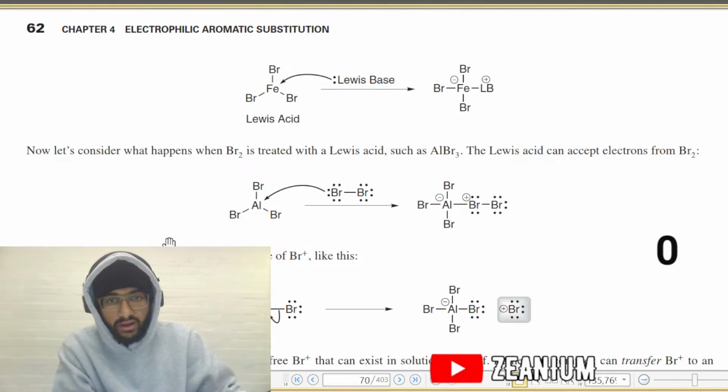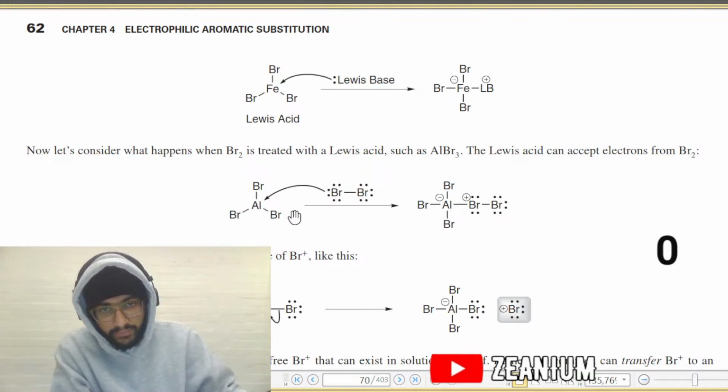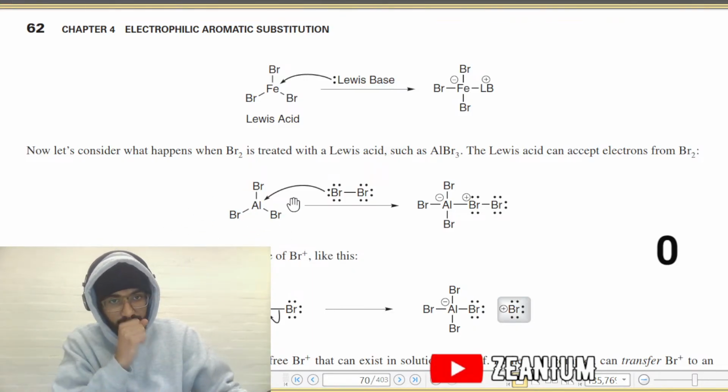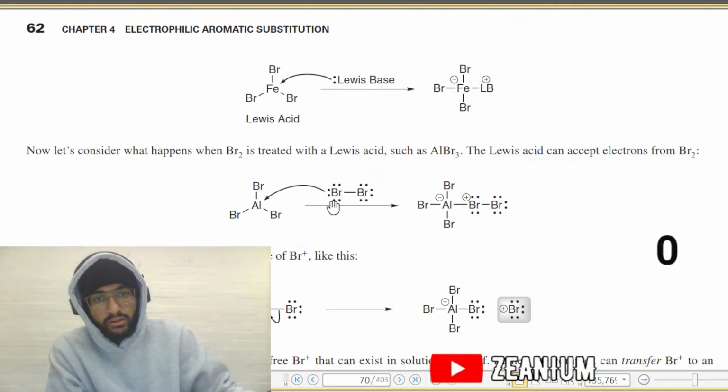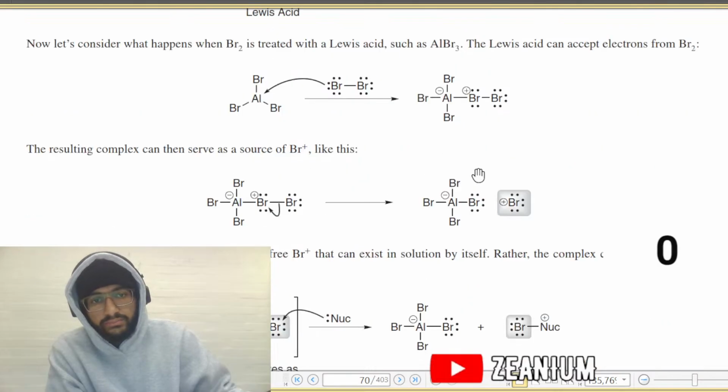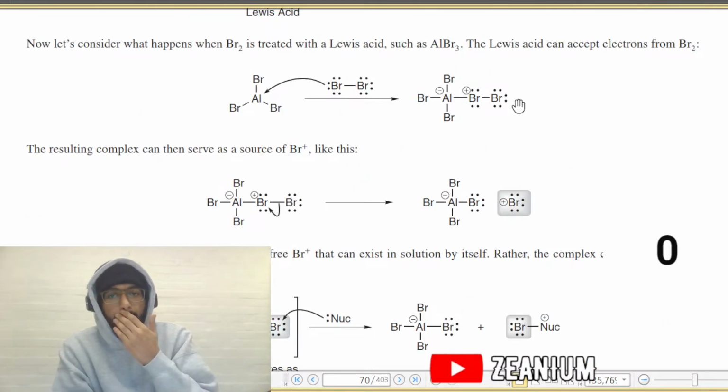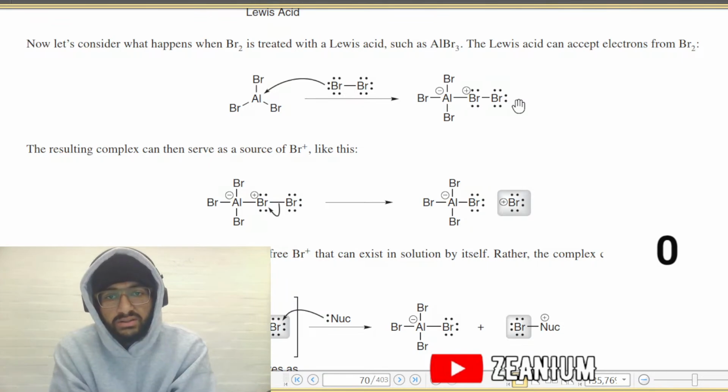So we have AlBr3 that reacts with bromine. Bromine attacks the empty orbital that is in aluminum, which then gets connected. The resulting complex can then serve as a source of Br plus like this.